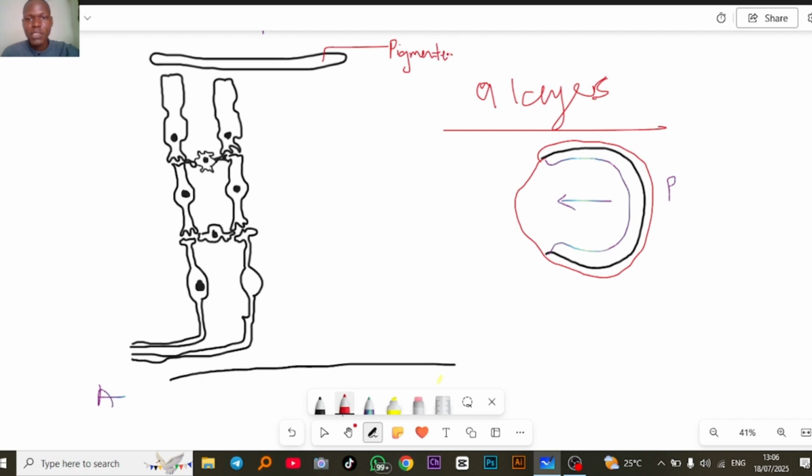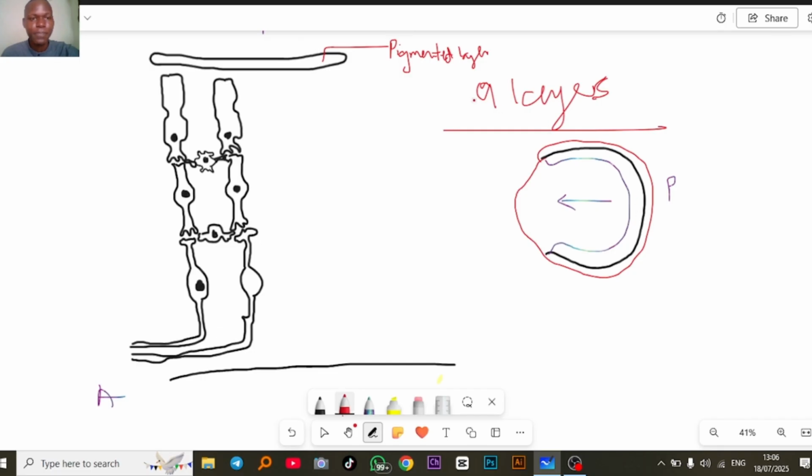Since it's near the choroid, which has the nutritive layer, this one just contains a bit of pigments. That's why it's called the pigmented layer, the one that's next to the choroid.